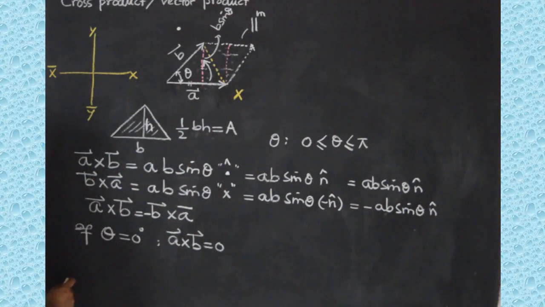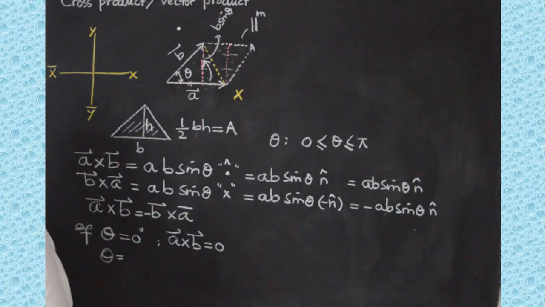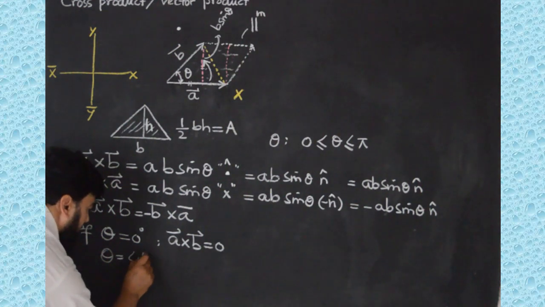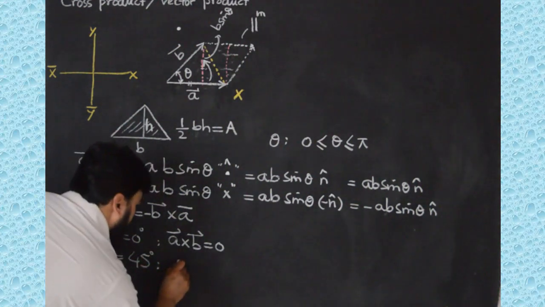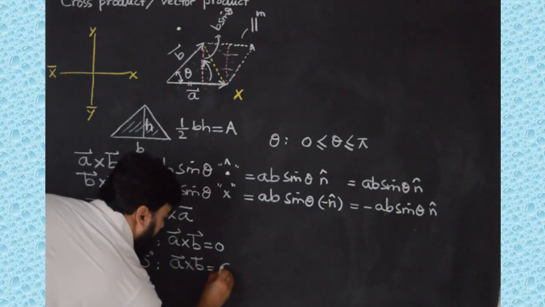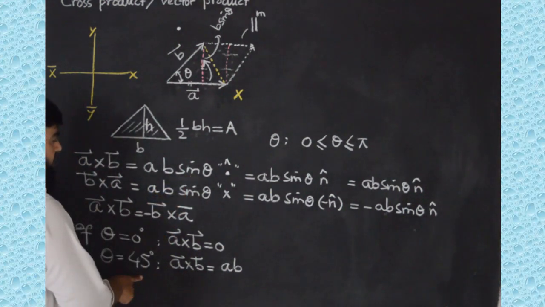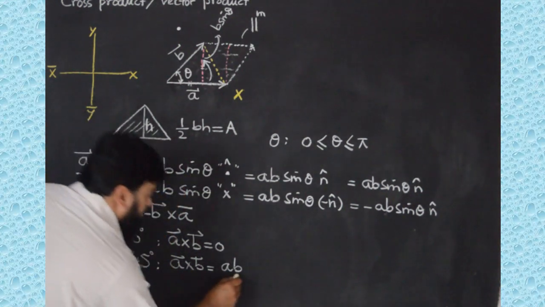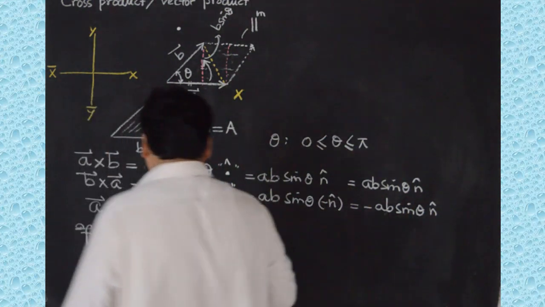If I have theta equal to 45 degrees, for example, then I will get A cross B equal to AB, and sine of 45 is 1 by square root 2. So it will be this much.